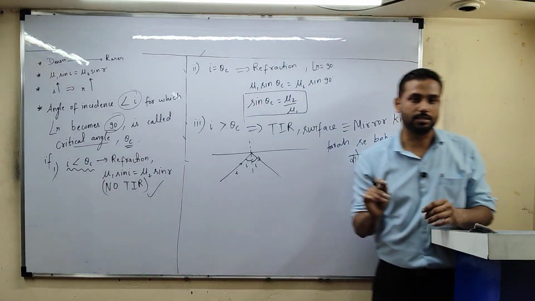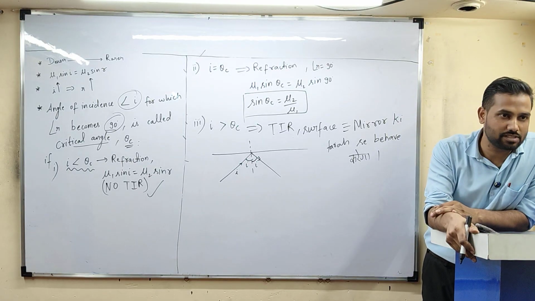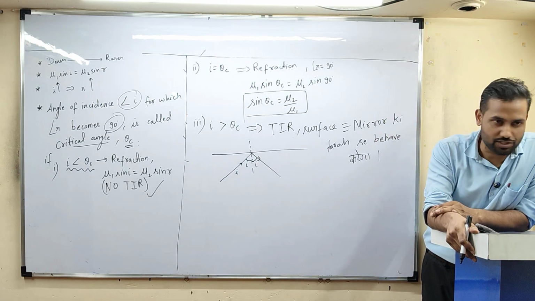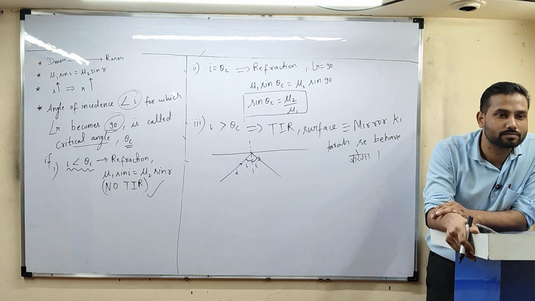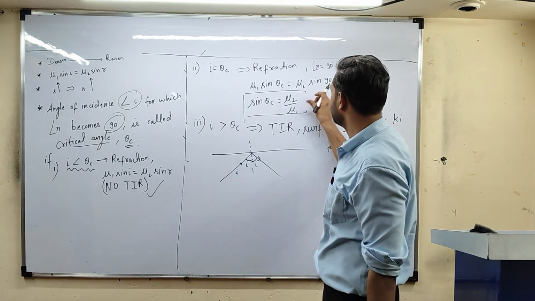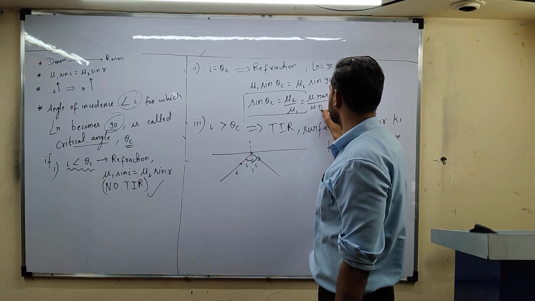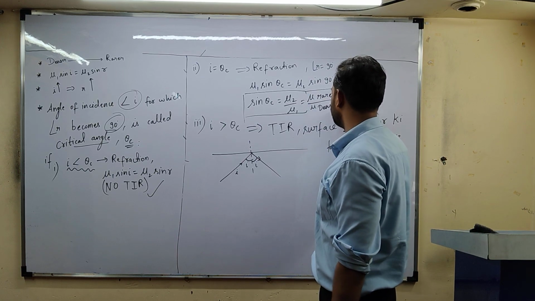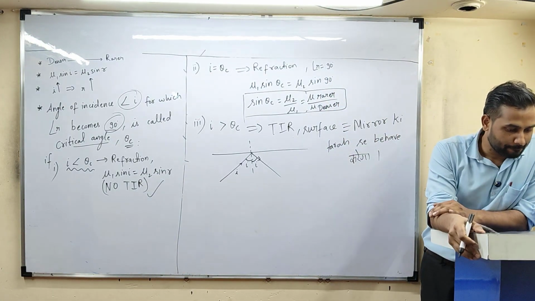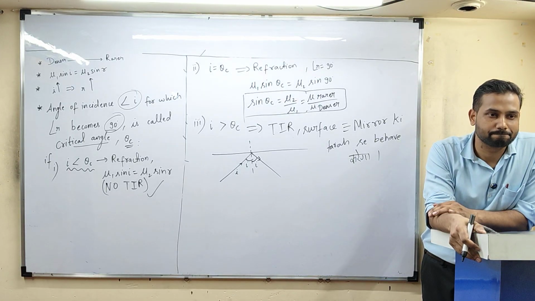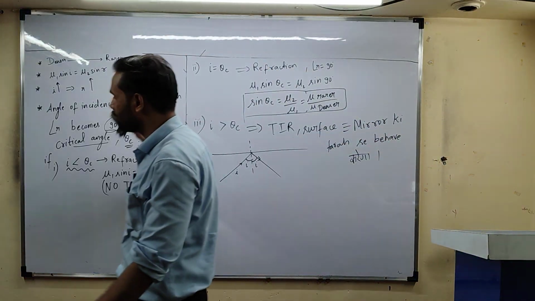This happens when I is equal to the critical angle. Then this scenario happens that sine theta c, critical angle, is equal to mu2 by mu1. Here you can write mu rarer, mu denser. They are talking about the medium. You can also add this one.